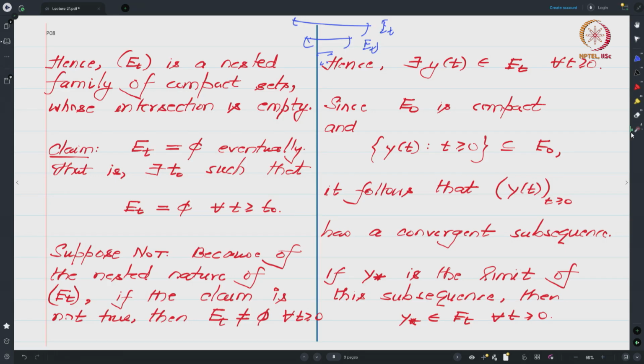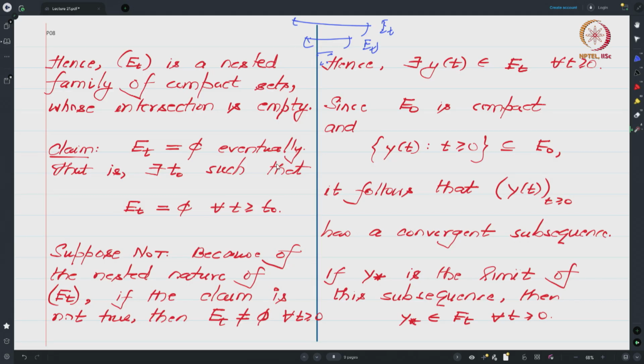So, you have a nested sequence, and we have separately shown that each element in this family is a compact set, and we have also shown that the intersection of this nested family of compact sets is empty. We are going to use all these facts, that it is a nested family of compact sets whose intersection is empty, to conclude that Et must be empty eventually, that is, there exists some time t naught such that for all t bigger than t naught Et is actually empty. That is what Et equals empty eventually means.